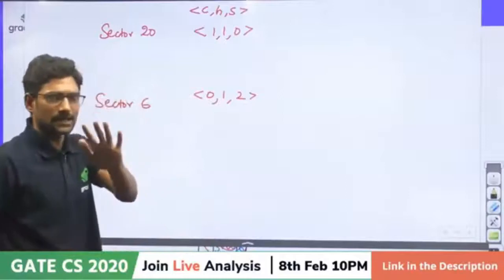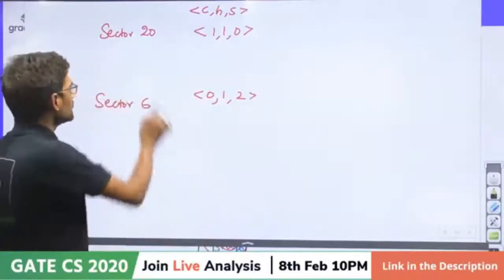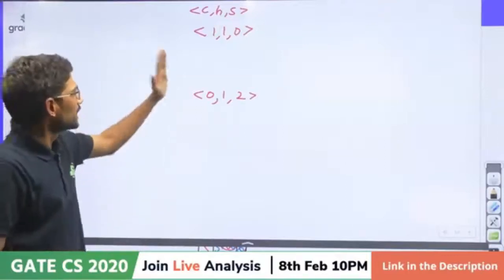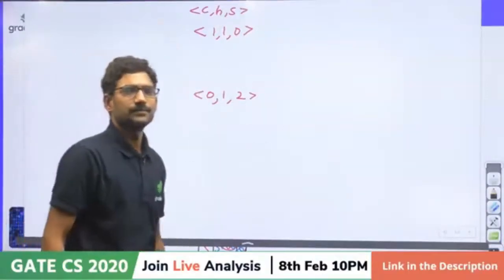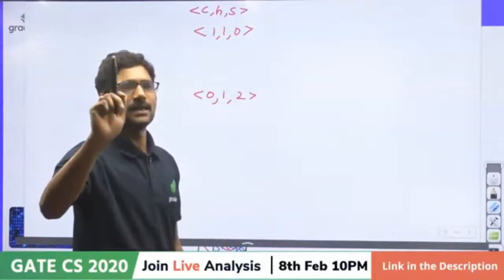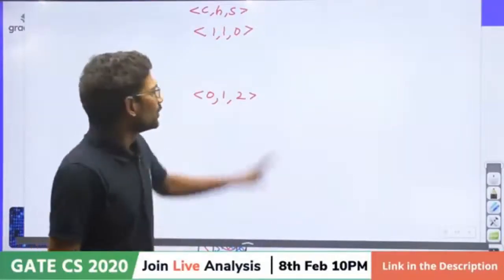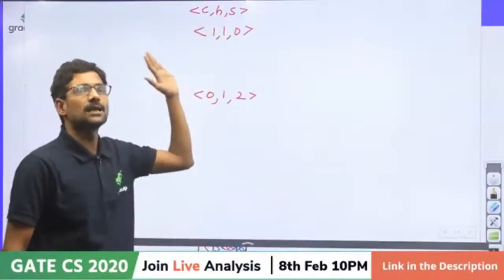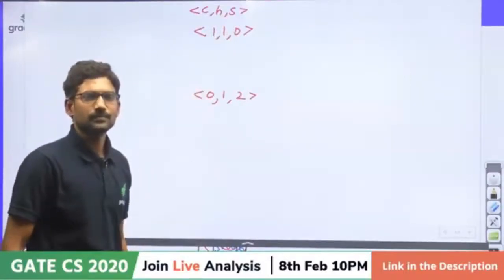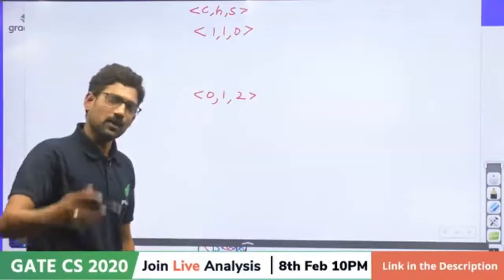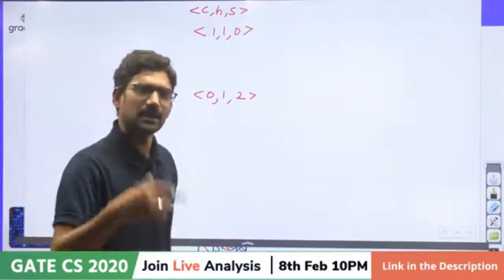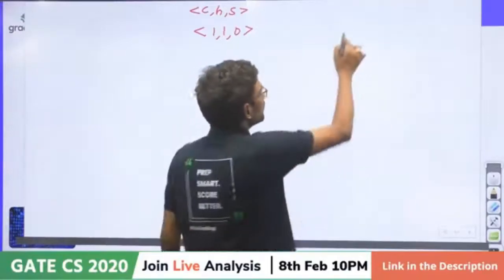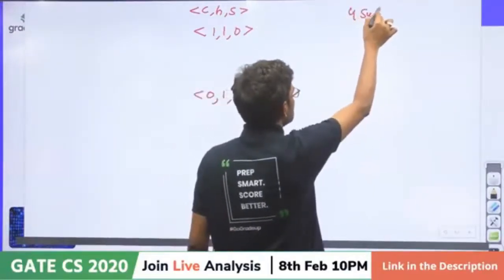Now in GATE, one model question is: CHS is given, and you are supposed to find out what is the sector number. You will be given how many tracks, how many sectors, etc. Now, what is the specification we got? There are 4 surfaces.